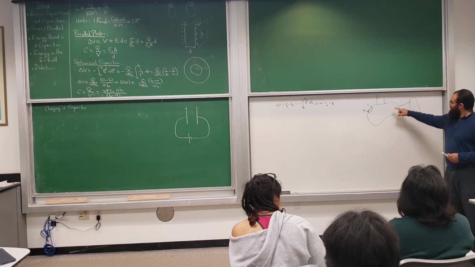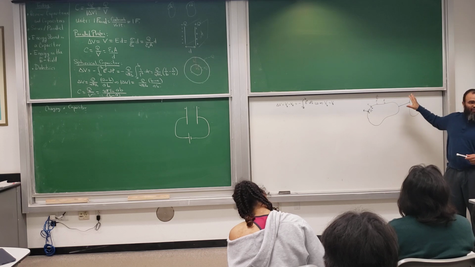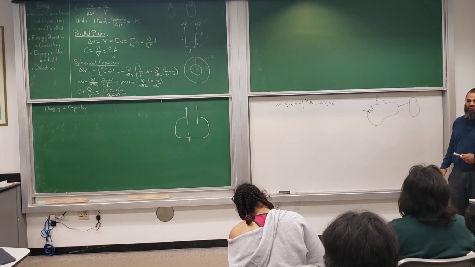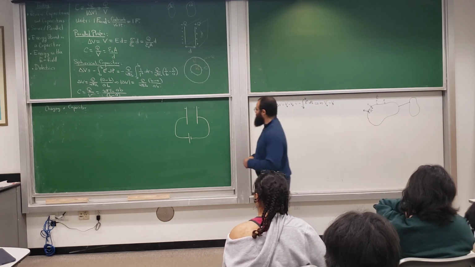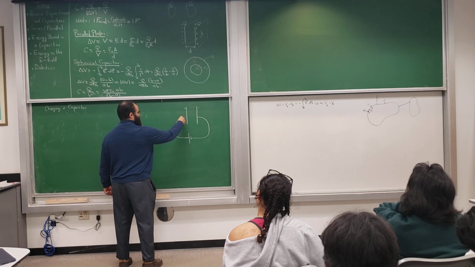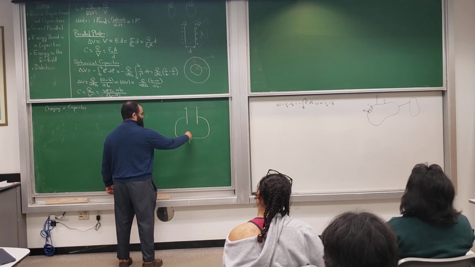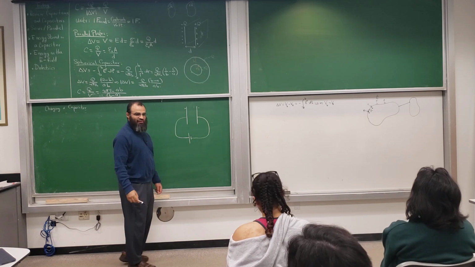So this is the whole thing. The charges will have to distribute somehow to make this equipotential. So why is this relevant to here? This is a conductor. Wires are conductors, and the terminals of the battery are also conductors. Okay?